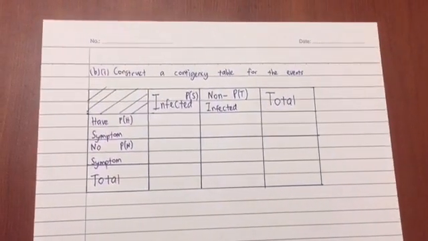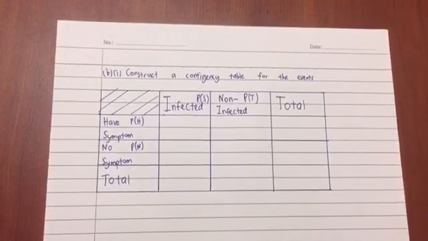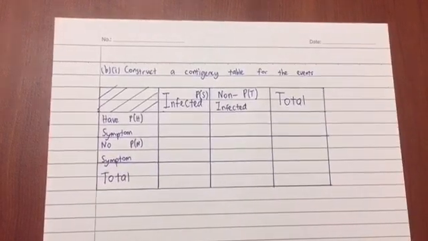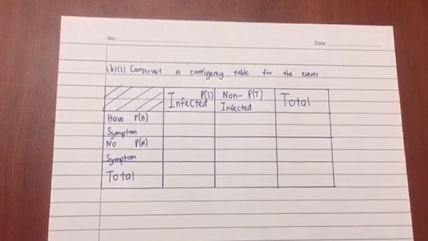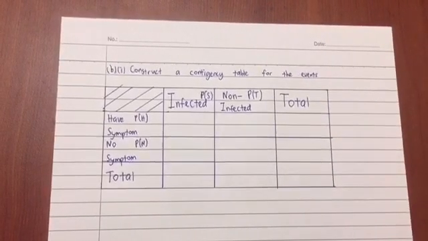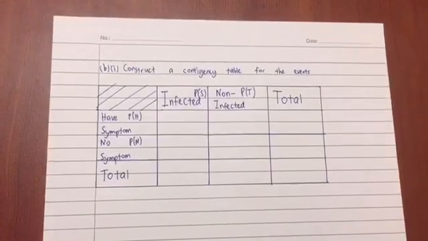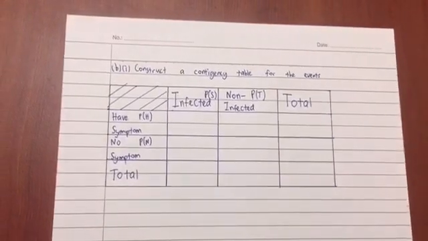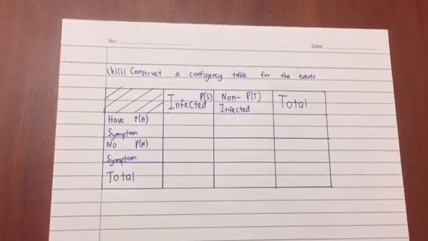The question states that the probability for a person in a certain village being infected by COVID-19 virus is 0.7, and 20% of the people who have been infected are free from any symptoms.